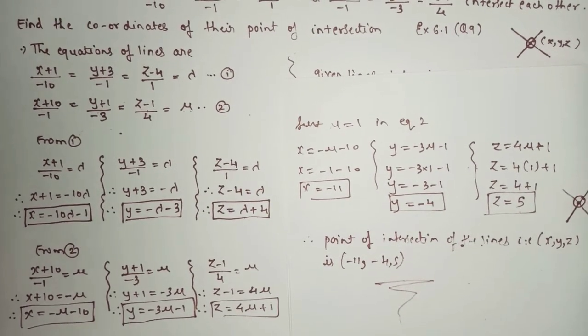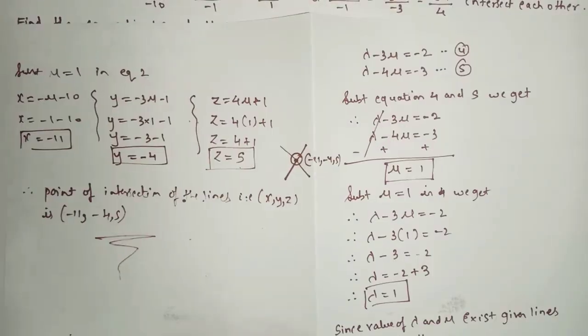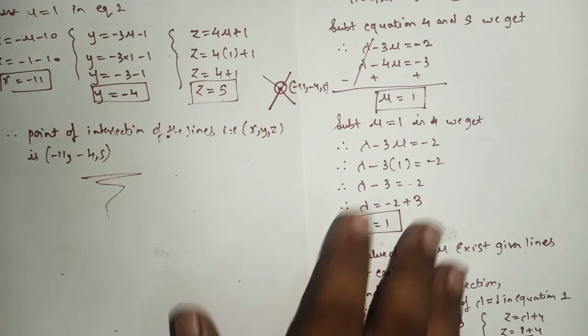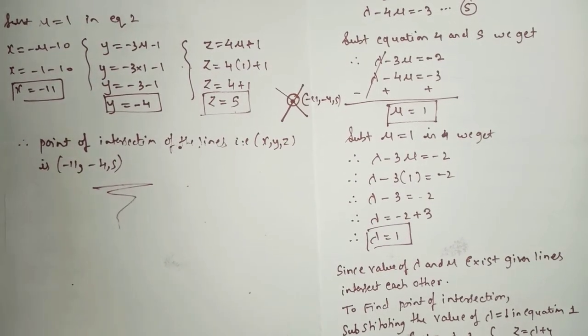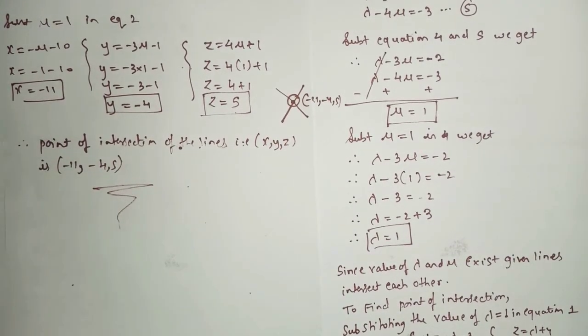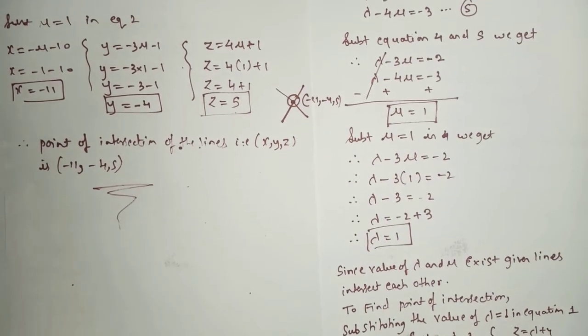So in simple language, we can say that both the lines have the same point. If they have the same point, of course the lines are intersecting each other at a common point, that was -11, -4, and 5. Therefore in the last step I wrote the point of intersection of the lines is -11, -4, and 5.